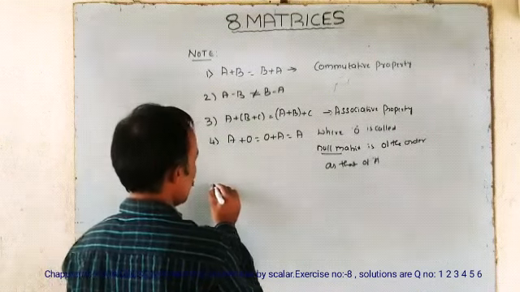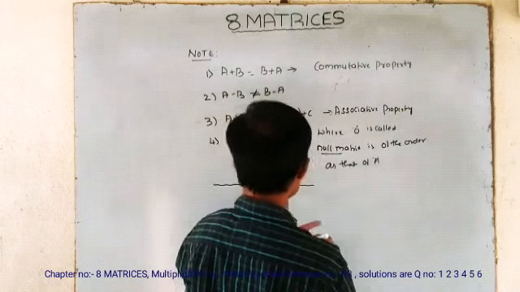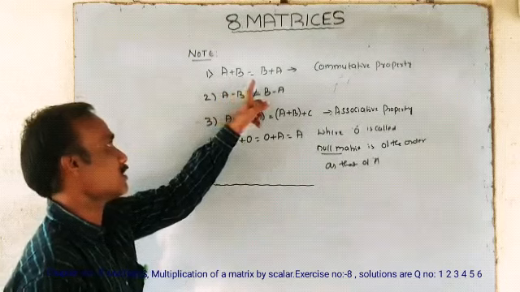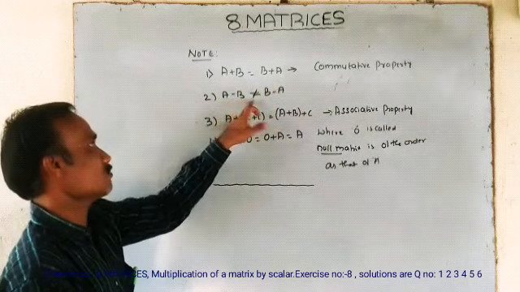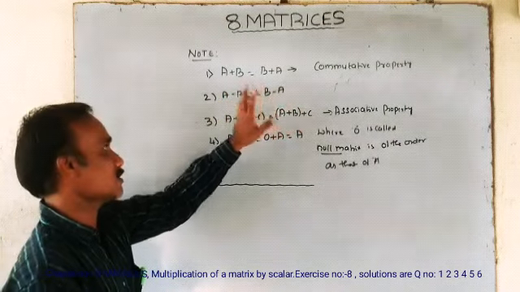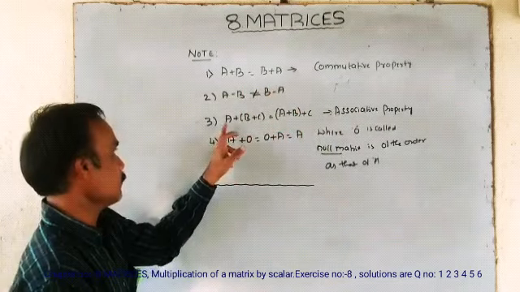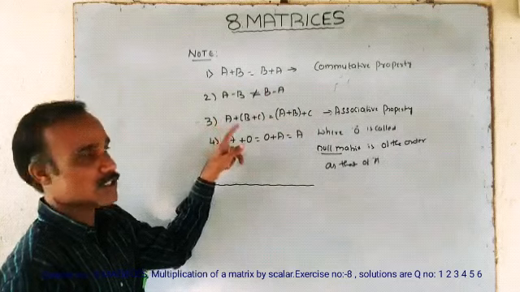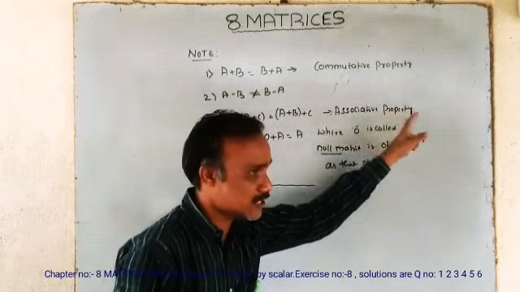I repeat the very important properties. A plus B is equal to B plus A, the commutative property, so addition of matrices is commutative. A minus B is not equal to B minus A, which means subtraction is not commutative. (A plus B) plus C is equal to A plus (B plus C), so addition of matrices is associative.